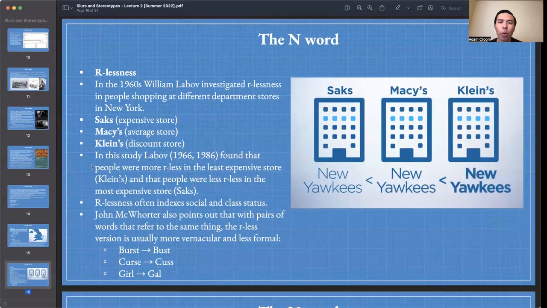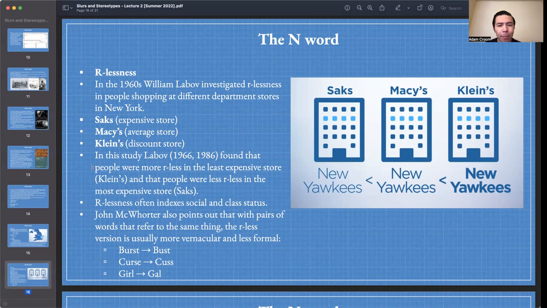And again, I just want to point out that because a speaker adopts R-lessness in their speech doesn't mean that they're unintelligent or super intelligent. Okay, it may have nothing to do with intelligence at all, but rather indexes the social, ethnic, or other type of community that they belong to.